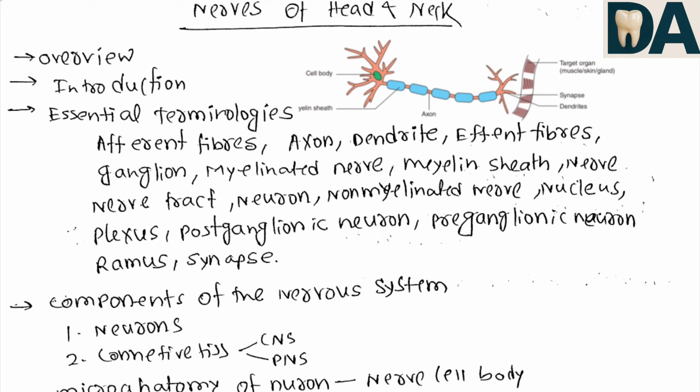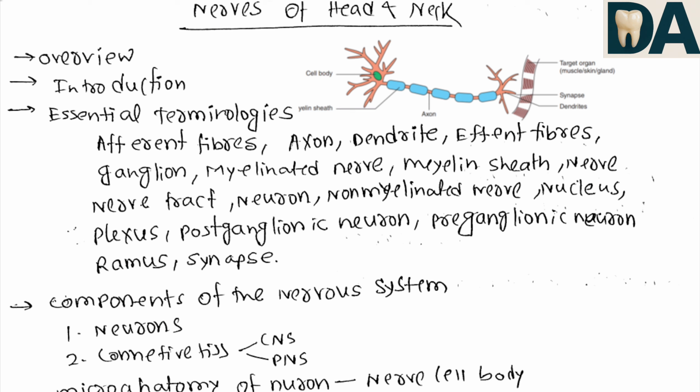Each and every branch of any nerve possesses a specific area of supply and a specific area of representation in the brain.